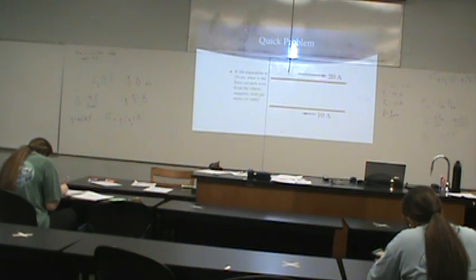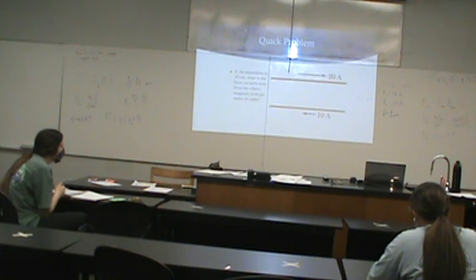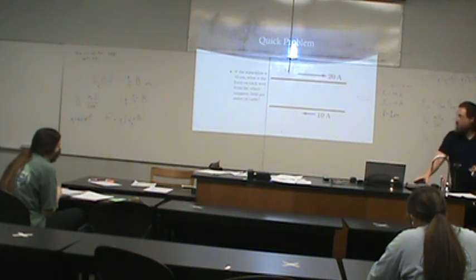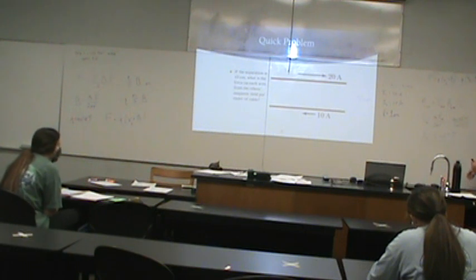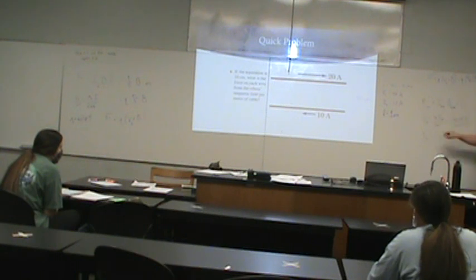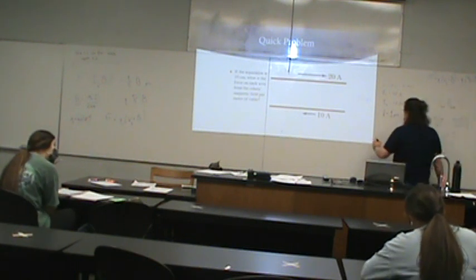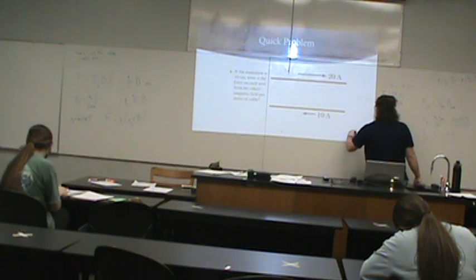So, we now know the magnetic field that the 10 amp wire is making at the 20 amp wire's location. Before we plug that number in, however, I want to show you something. I'm going to take this formula and substitute it into here to show what they would look like completely combined.